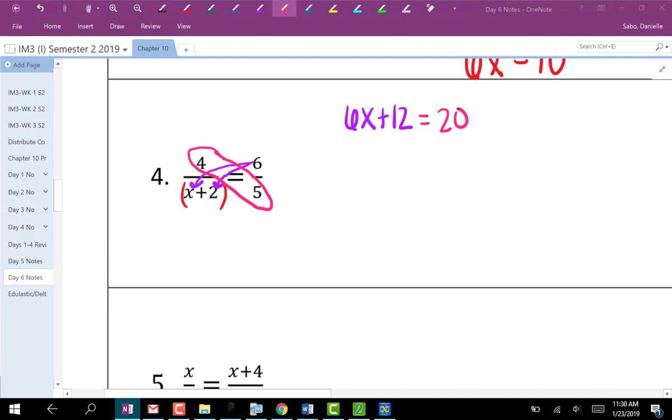If you like two-step problems, you should be able to do it. Move everything away from the x, move the 12, and then move the 6. Again, you will get a fraction or a decimal, and that's okay.